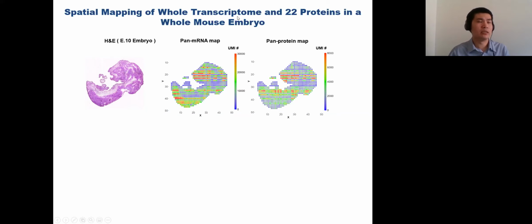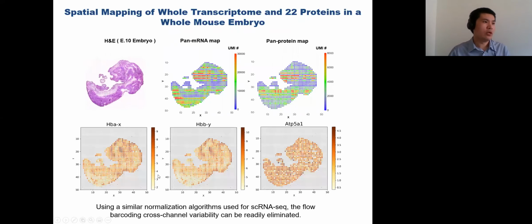We have a 22 protein panel here, and you can see a little bit of banding here, which could be caused by the barcoding or flowing process not being homogeneous between different channels.